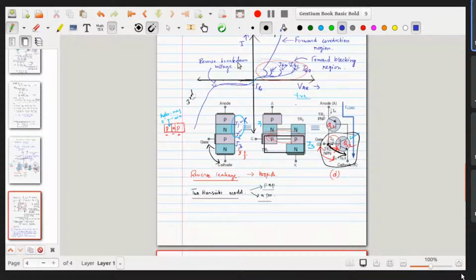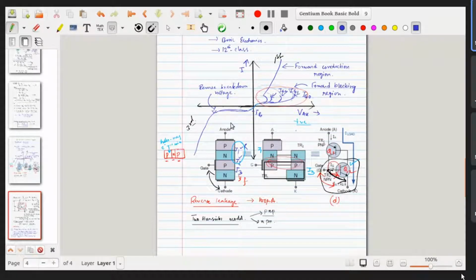So from that point, if we try to observe the characteristic curve, then we find that we can have the anode to cathode voltage in the negative state, which represents the reverse blocking region. It continues for a long area in that blocking mode, then it moves into the reverse breakdown voltage.